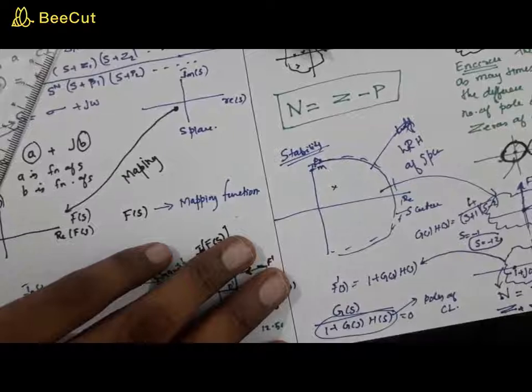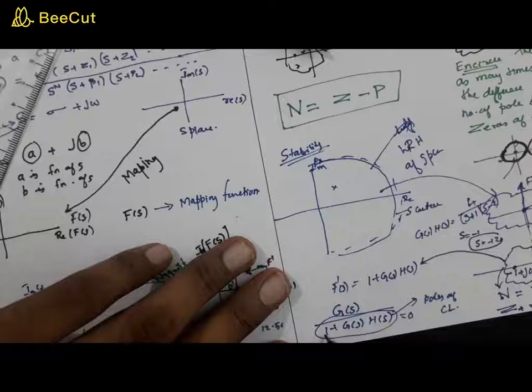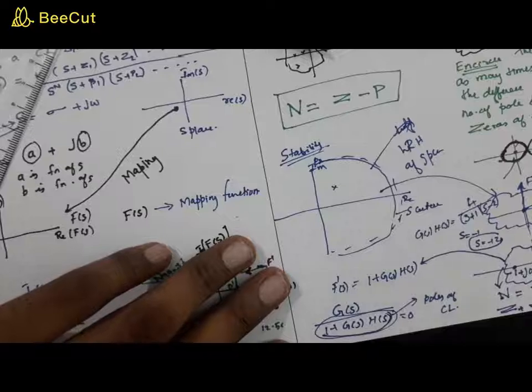Now this will be giving you what? Since you have changed the reference point to -1 plus j0, okay, hope you understood the change of this origin. Now the origin is changed to -1 plus j0 because we are concerned about 1 plus G(s)H(s) equal to 0. That is the characteristic equation.